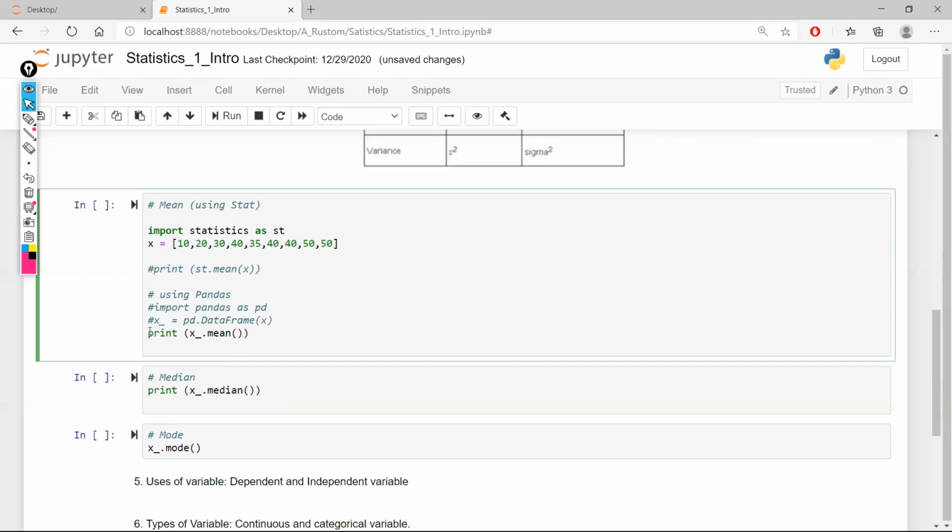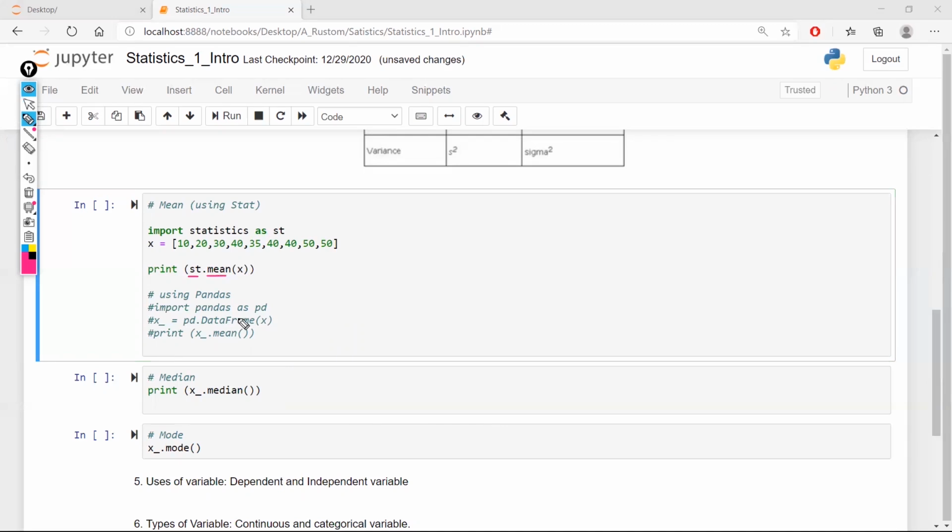I will use only statistics. So I'm referring to ST, then saying dot mean. That's all. ST dot mean.